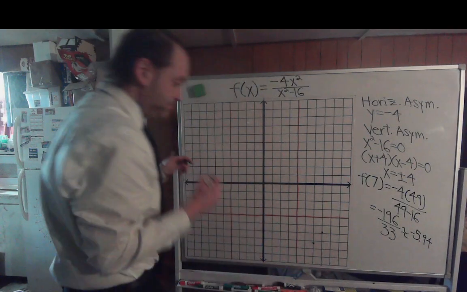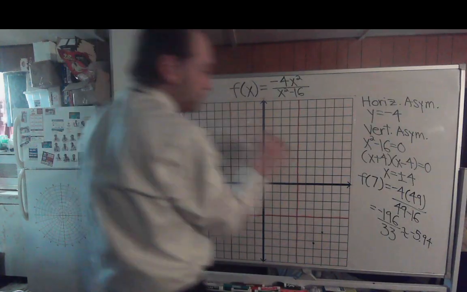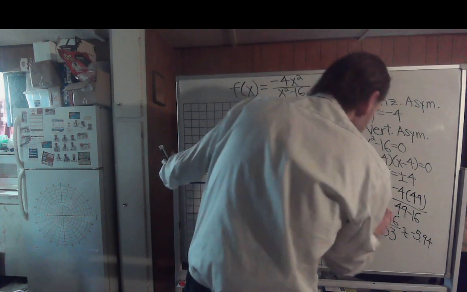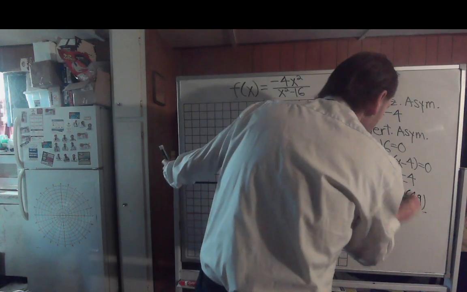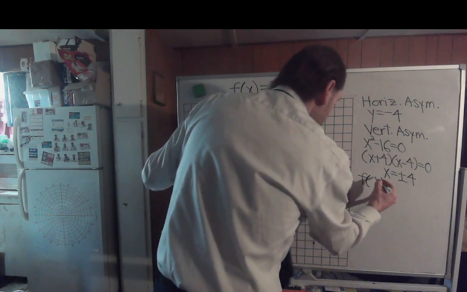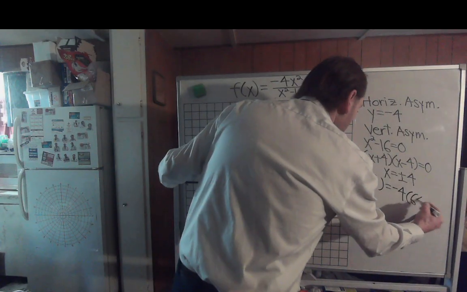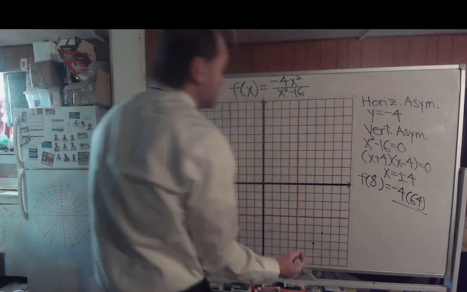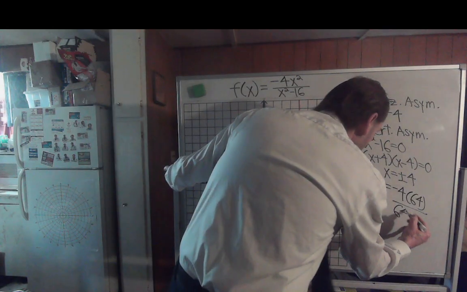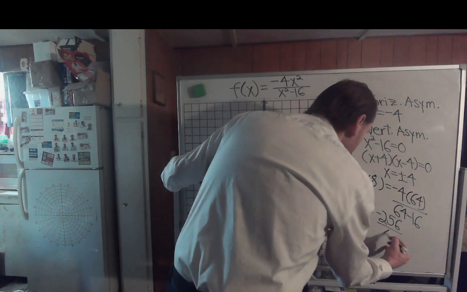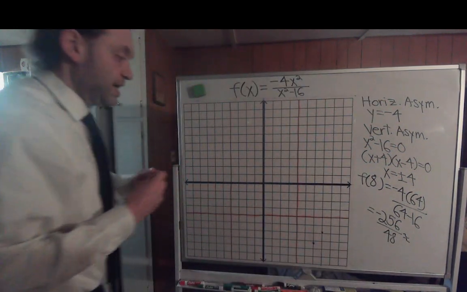All right. Then why don't we do f of 8? So f of 8 is going to give me negative 4 times 64 divided by 64 minus 16, which would give me negative 256 divided by 48.